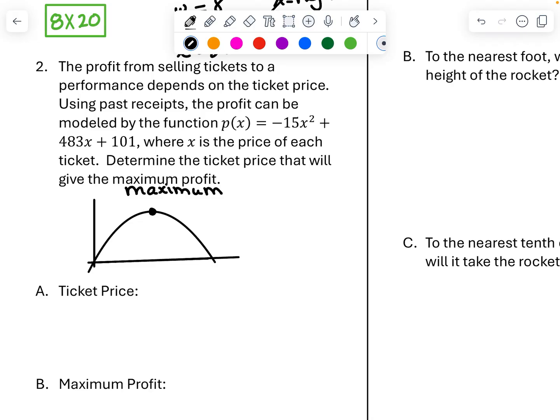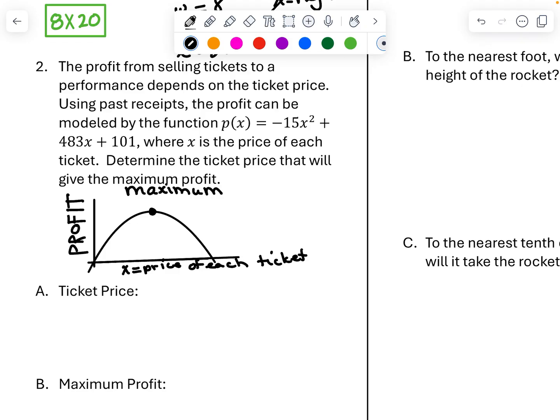Using past receipts, the profits can be modeled by a function P of x, where x is the price of each ticket, which means the vertical axis must represent the profit.